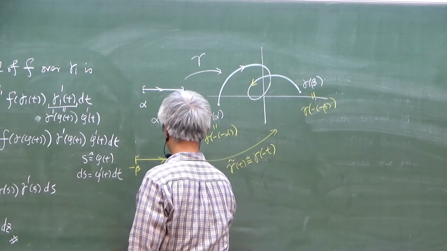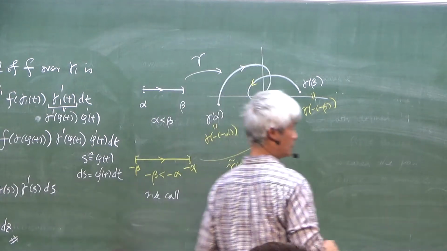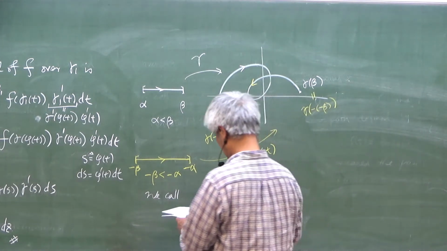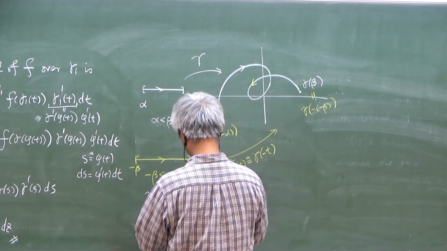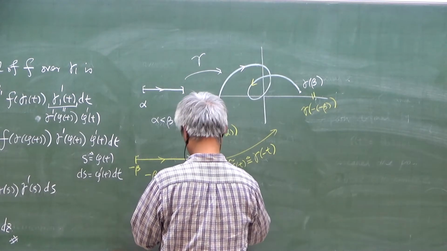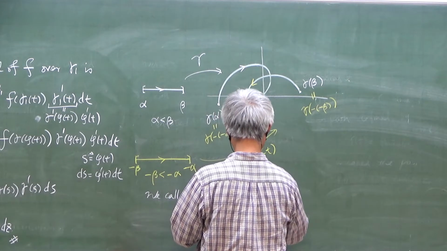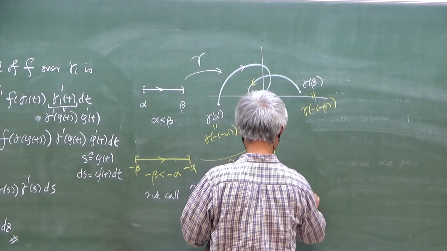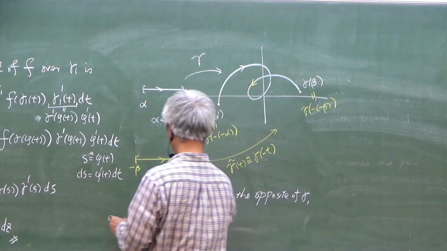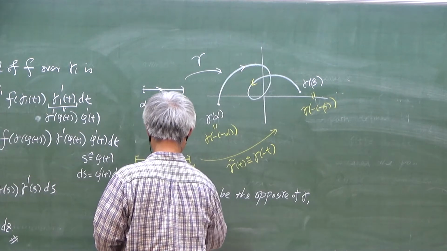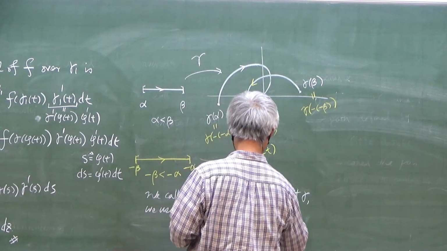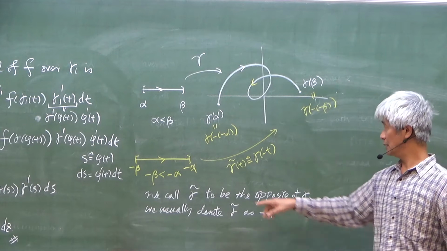So we call gamma tilde the opposite of gamma, and we usually denote gamma tilde as minus gamma. So we use minus gamma to denote this function.